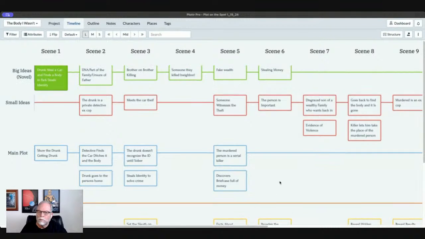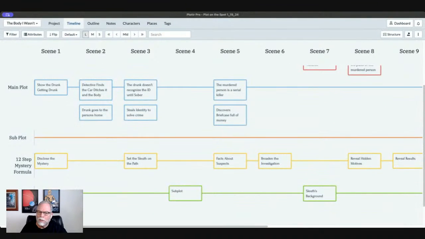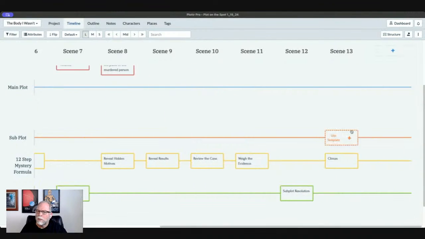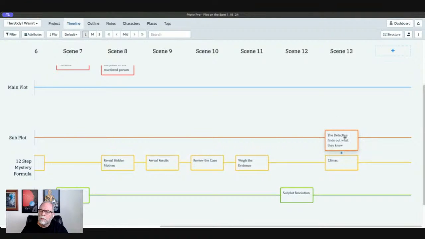So basically, they knew. We're going to come down here and we're going to say that they knew that he was a serial killer. So the climax is going to be detective finds out what they knew. Actually, that's not going to be the climax, though.